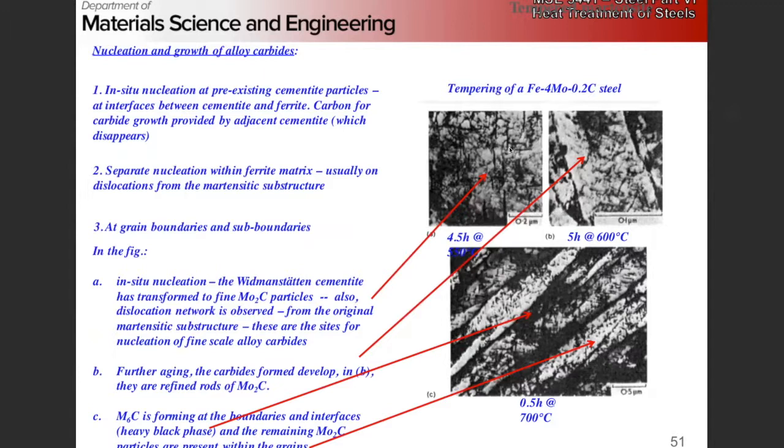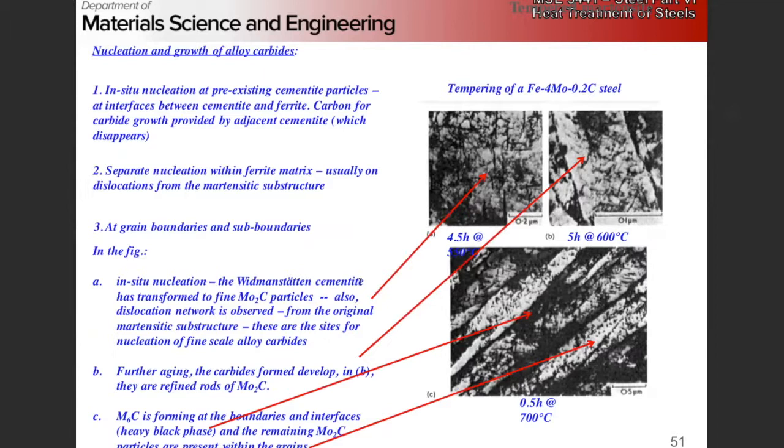So you can nucleate heterogeneously on the dislocations and still have a relatively homogeneous spatial dispersion of carbides, right? You're still going to nucleate at grain boundaries, and any existing cementite particles that you have are natural places for nucleation of the alloying carbides, right?